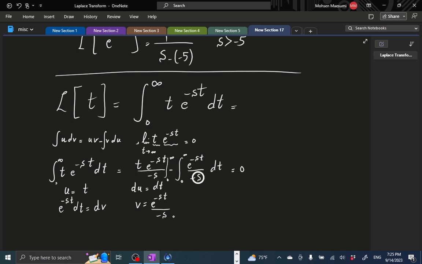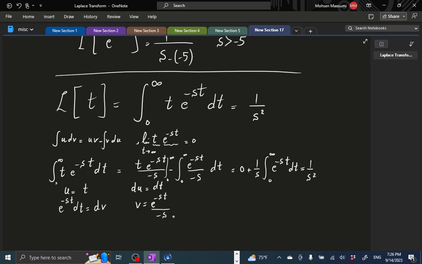The minus becomes plus 1 over s, and what I have is the integral of exponential of minus st dt from 0 to infinity. This is the integral we just saw before. That was 1 over s times 1 over s. I'll get 1 over s squared. So in short, the Laplace transform of t turns out to be 1 over s squared.